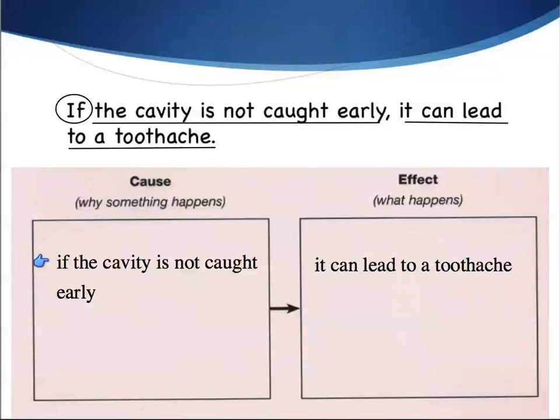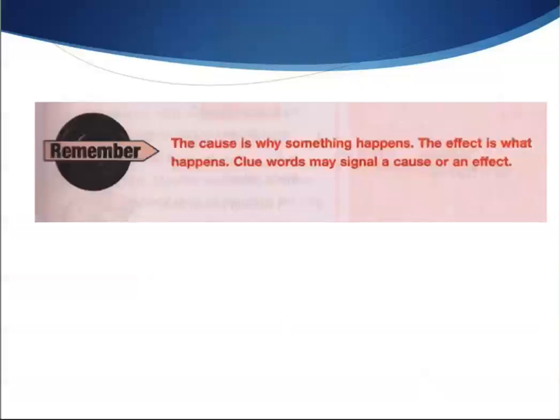So remember, this is why you could get a toothache if your cavity is not caught early. Remember, the cause is why something happens and the effect is what happens. Clue words may signal a cause or an effect.